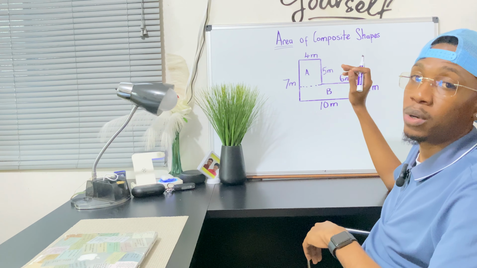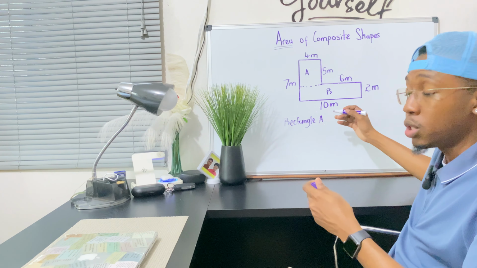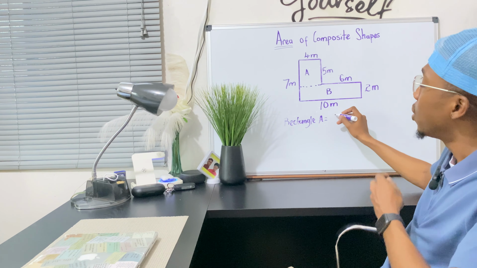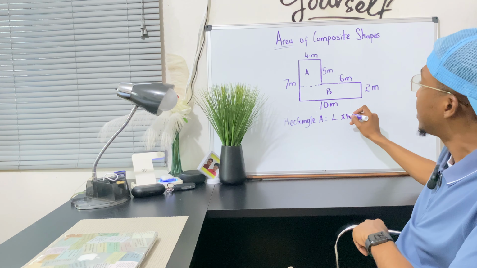So we have first rectangle A, and I'll put it right here, and I'll ensure that you all can definitely see. Rectangle A is equal to length times width. In this case, we're going to be multiplying 5 meters times 4 meters.